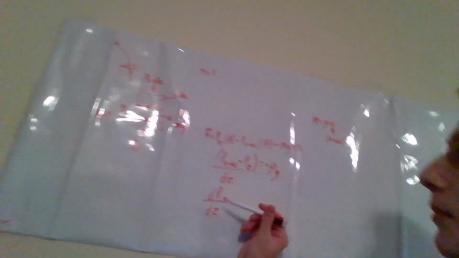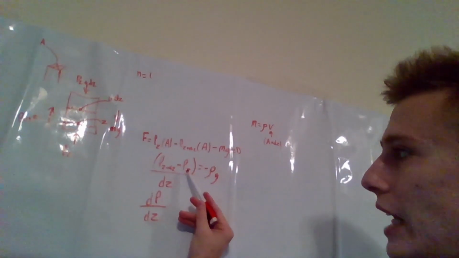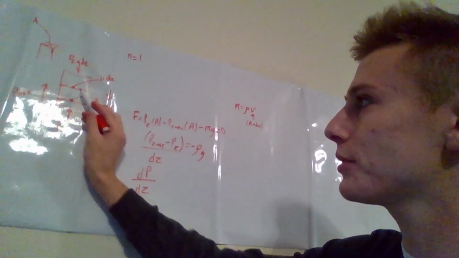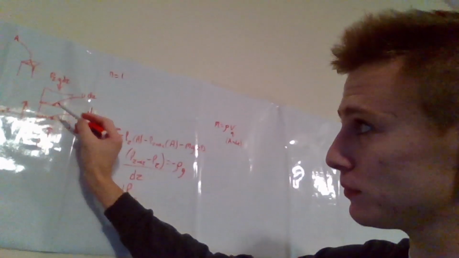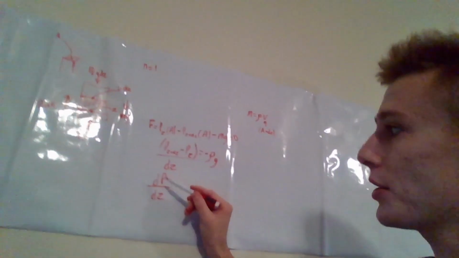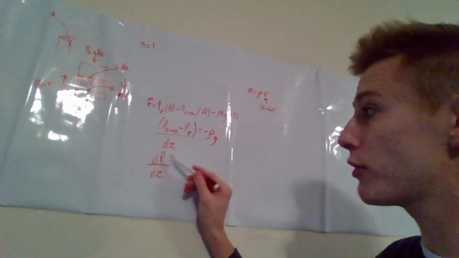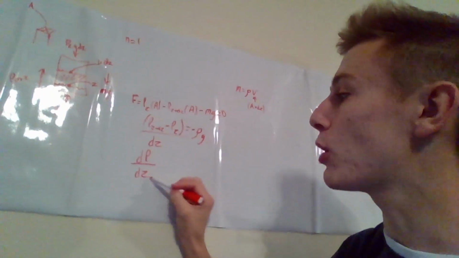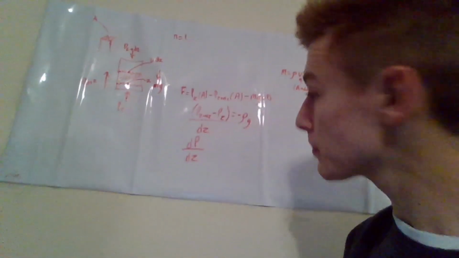Like I said before, if we take our pressure up here, subtracting our pressure down here, we're trying to find the change in pressure. So we can say that a small change in pressure, differential change, is brought about by a small change in our z elevation.